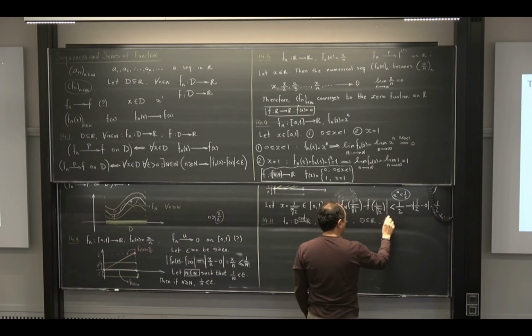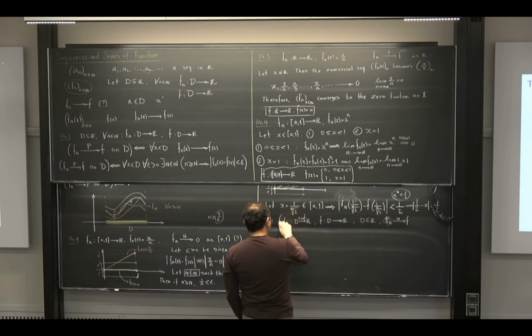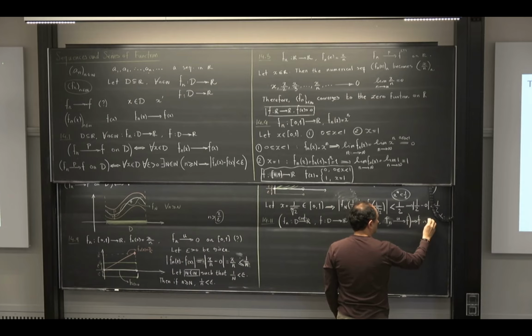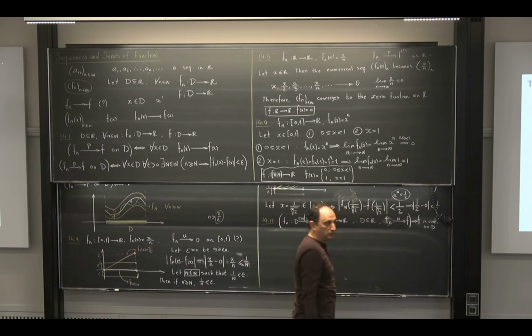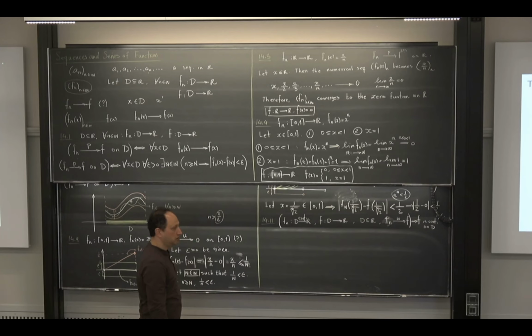And we know one more thing: this sequence converges to f uniformly. We want to prove that f is continuous, of course, on D. When I say continuous, it means continuous on D, for every point. Is that clear? So that's what we have.